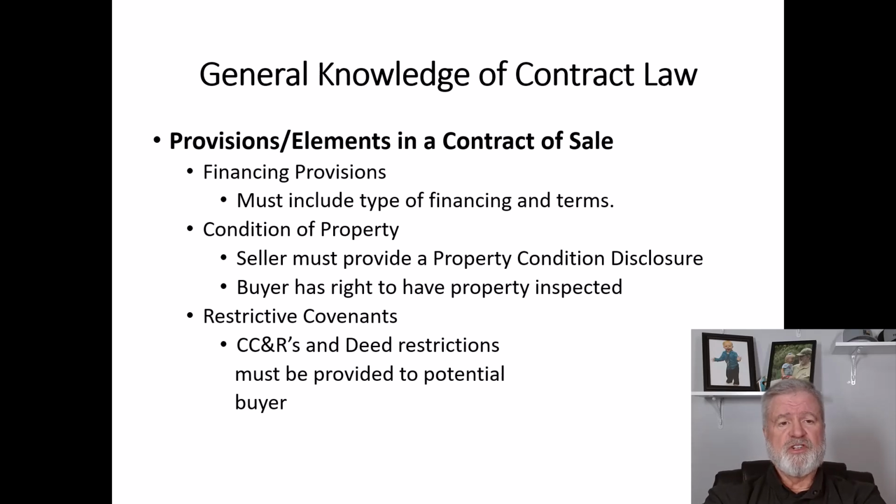Then there's a provision dealing with the condition of the property. Now, obviously, this is kind of a twofold provision, where in most states the seller will have to provide a property condition disclosure statement, which basically identifies all known issues that the seller knows about to the buyer. But this provision does more than just that.